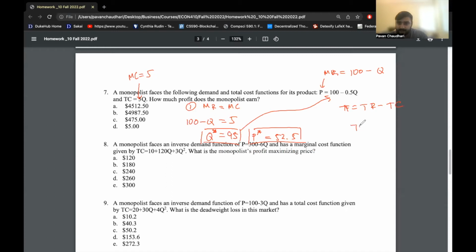Total revenue, as always, is price times quantity. If we multiply these two numbers, 95 times 52.5, we get 4987.5. For the total cost, we use the total cost formula that they gave us up here, and we plug in the quantity, so it's 95 times 5, and we get 475. We subtract total revenue minus total cost, and we get A is the answer, 4512.5.